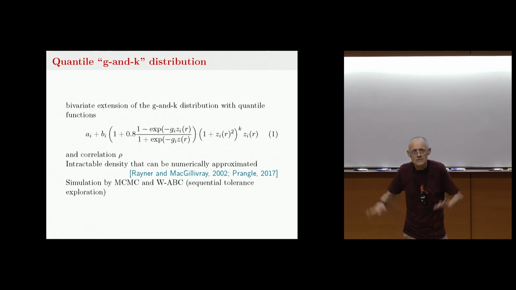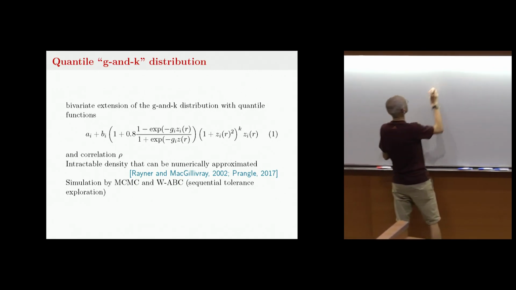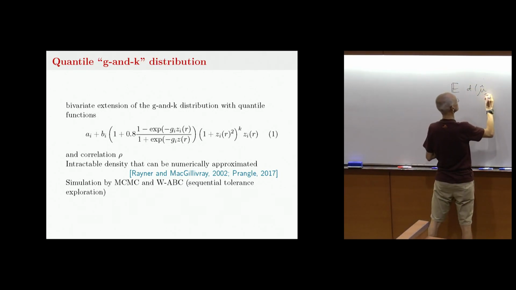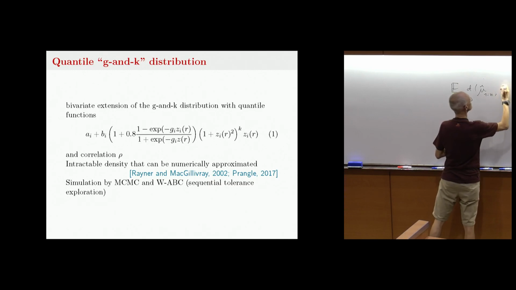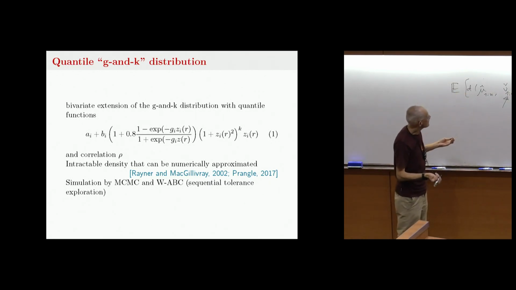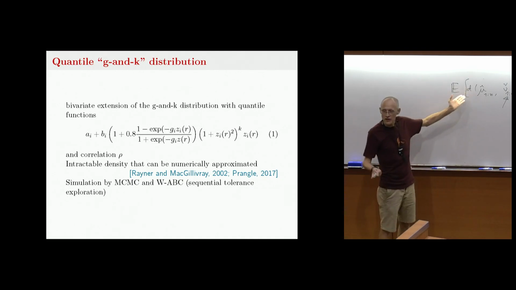It's unique. If I write the expectation of D of mu hat, nu hat 1 to n, this is a random object, and that's defined uniquely.